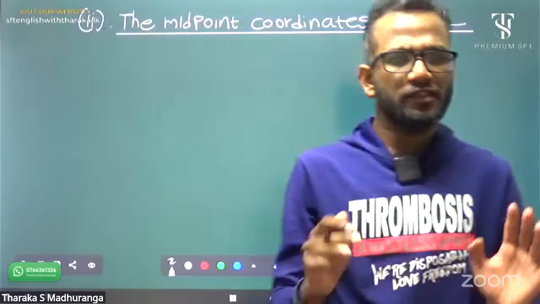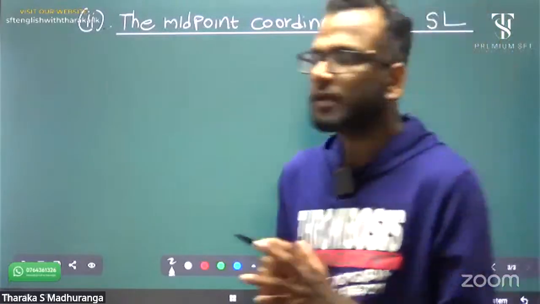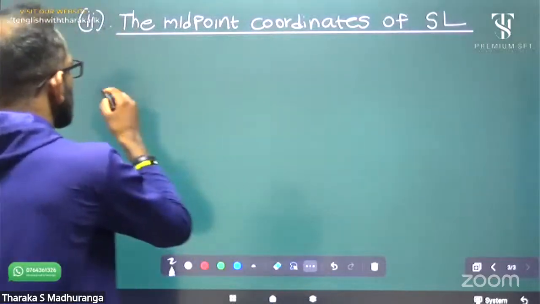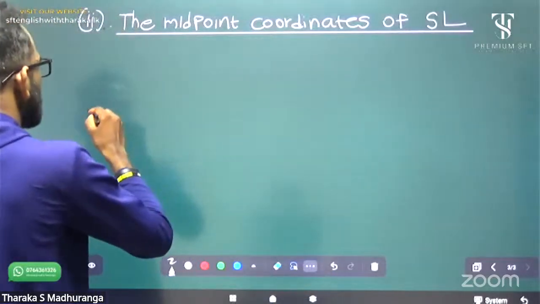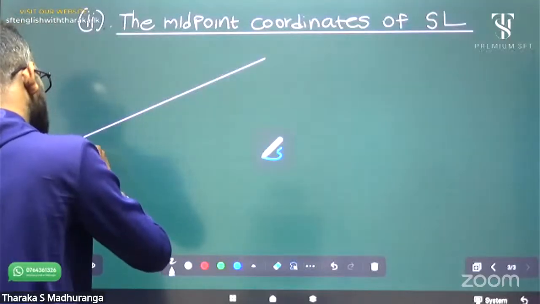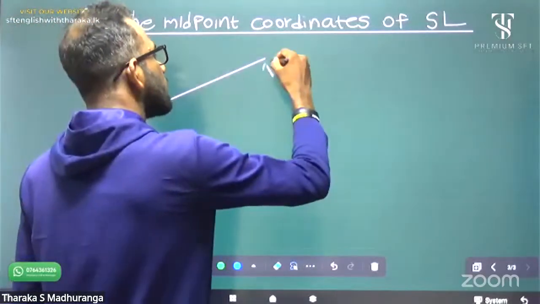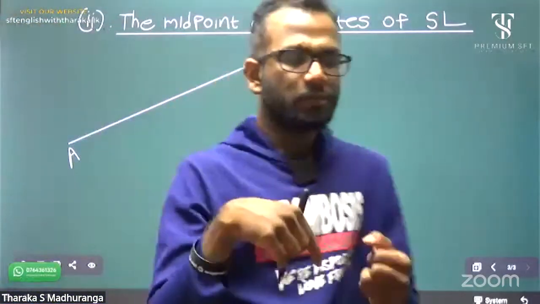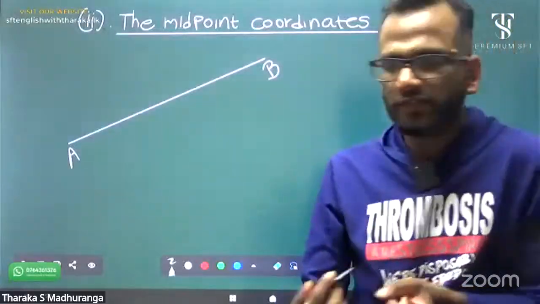Okay, it is a very simple part. What's the meaning of midpoint coordinates? If you have any straight line like this, think it is A, the other end is B, and the midpoint means the center point of this straight line.